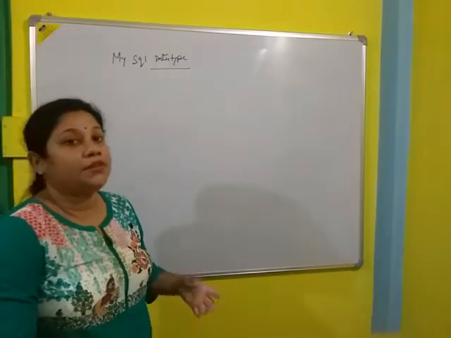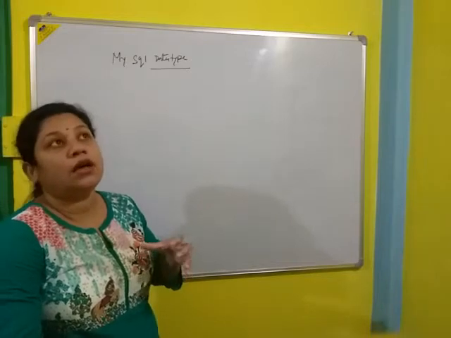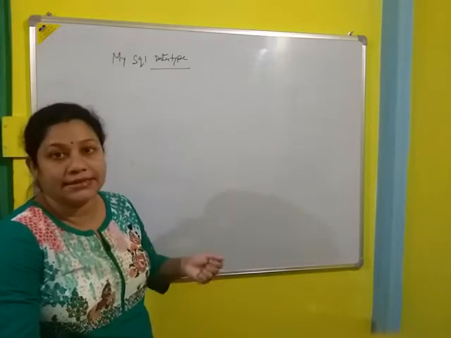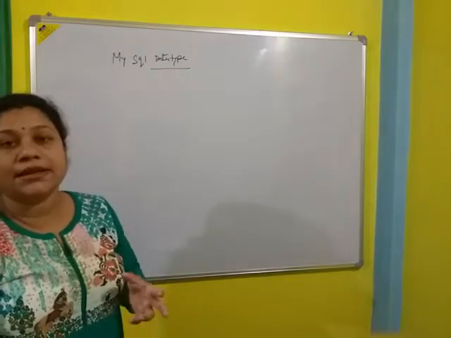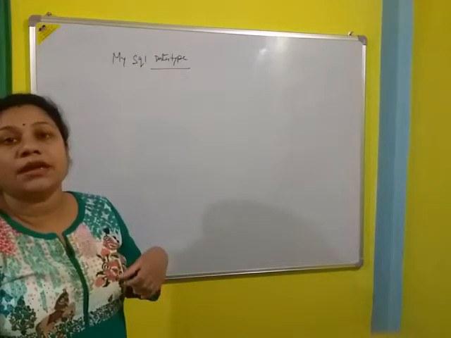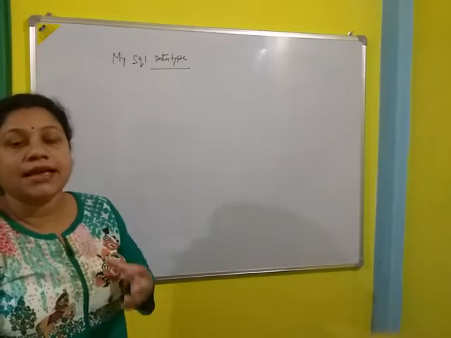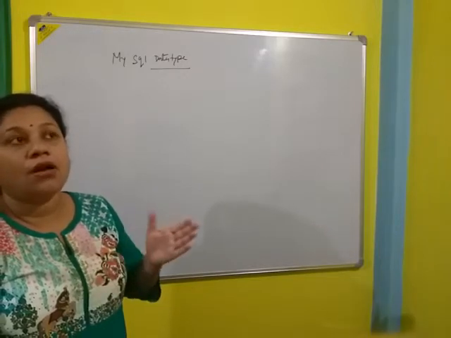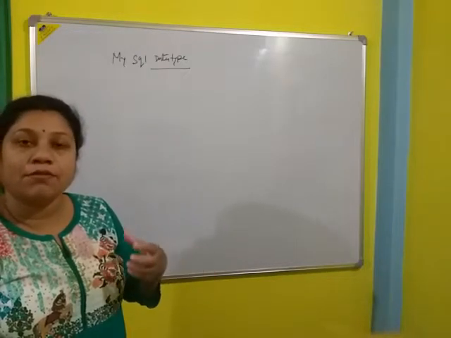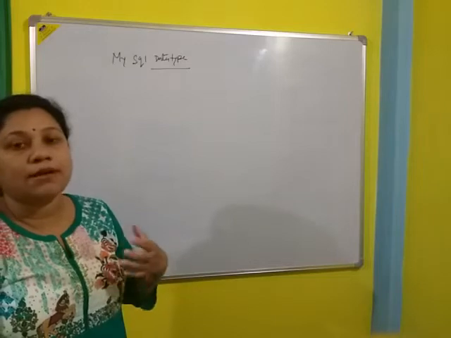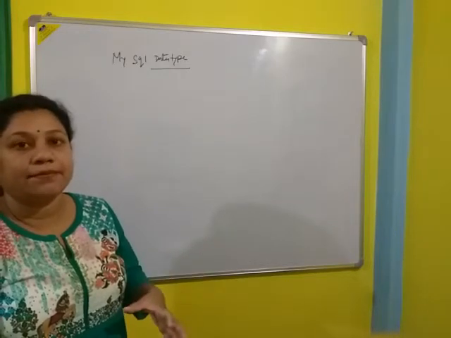Actually, when you create a table, the table is going to include many fields, and inside the fields we are going to enter the data values. These data values may be of various types. Some may be number type, some may be character type, or some may be a combination of numbers and characters.